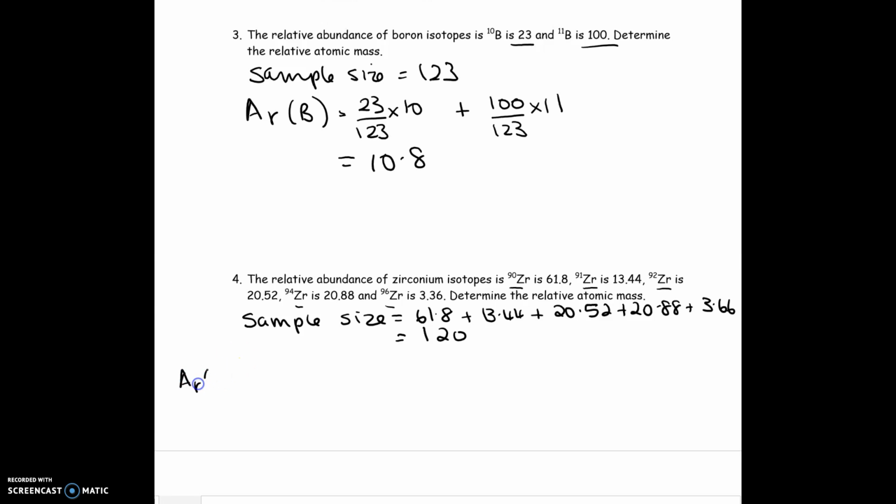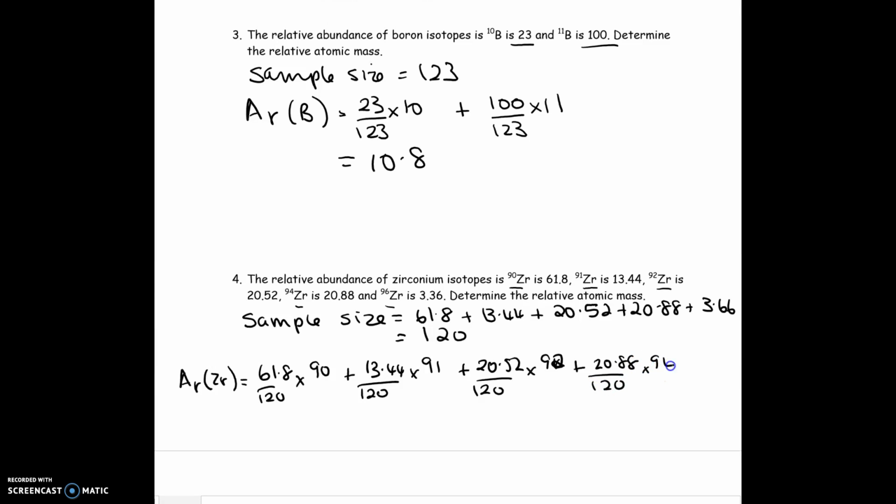So the relative atomic mass then of zirconium will be equal to 61.8 divided by 120 times 90, add 13.44 divided by 120 times 91, add 20.52 over 120 times 92, add 20.88 over 120 times 94, add 3.36 divided by 120 times 96.